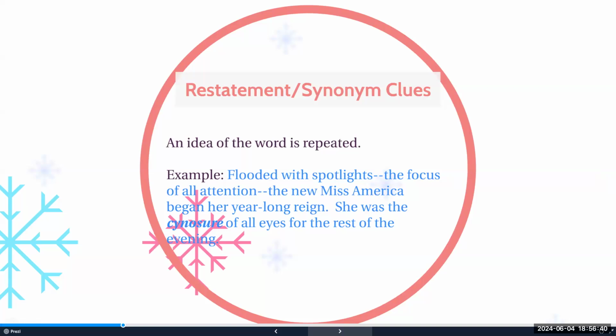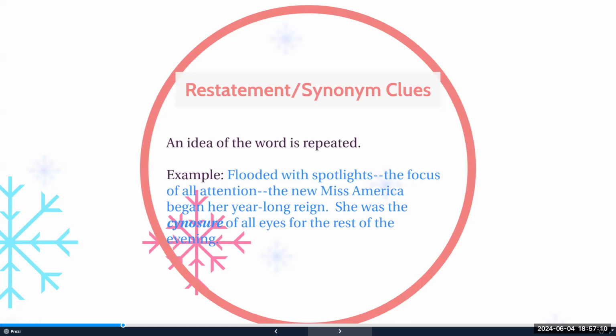These are context clues where an idea or a word is repeated in a sentence in a different word or phrased a little bit differently in the same sentence. That helps you understand the meaning, okay? So this method helps the reader understand the meaning of an unfamiliar word by offering a similar word or phrase.